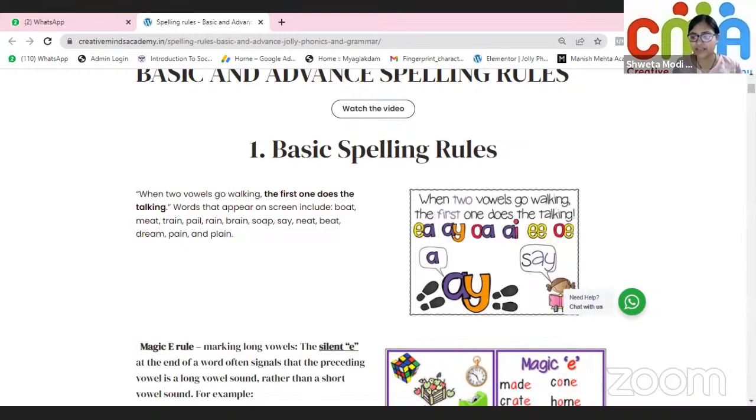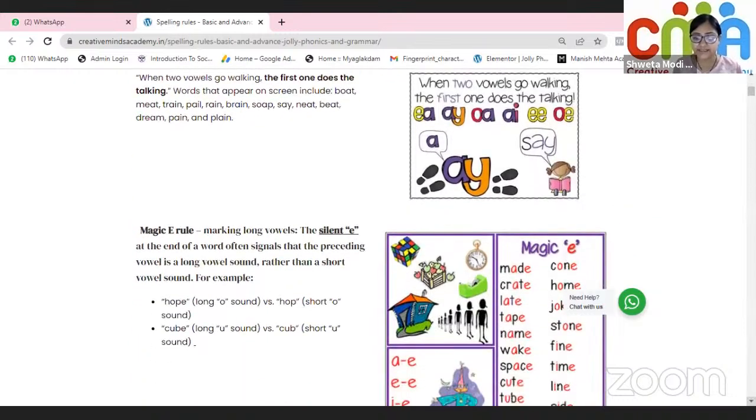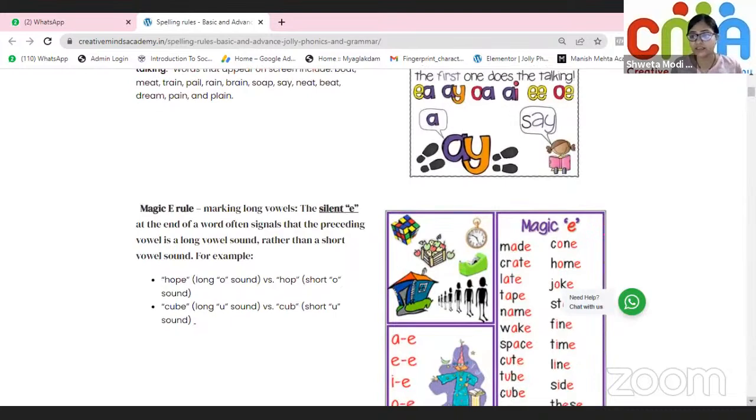Okay. Then we have the magic E rule, which says that when you have a short vowel followed by a consonant followed by E, then that short vowel sound changes to long vowel sound. For example, the word M-A-D, mad, so you have the A short vowel sound followed by the consonant D, followed by E, which does the magic.